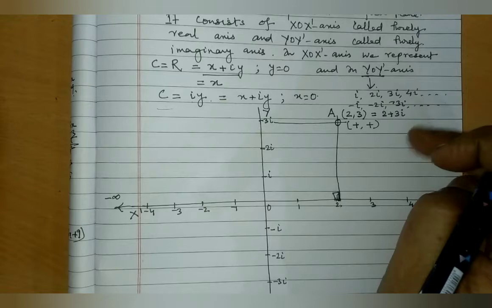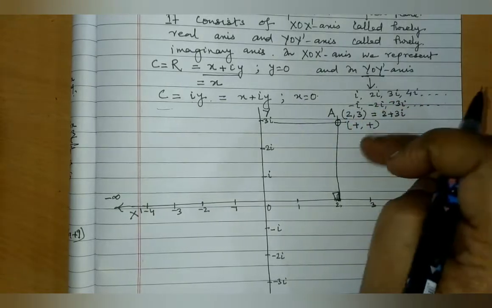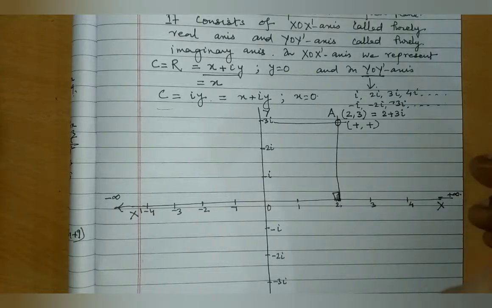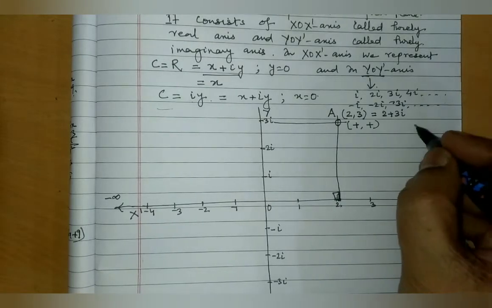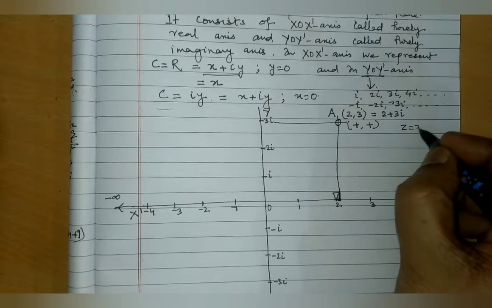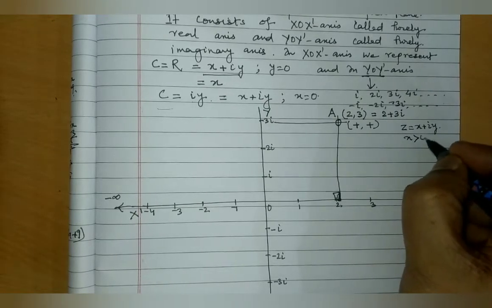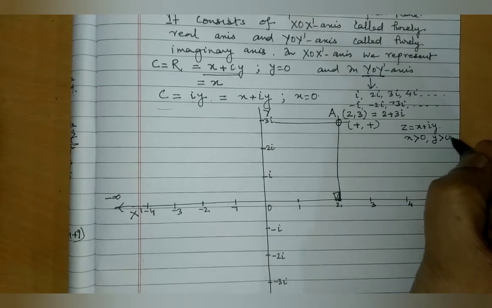So here in the first quadrant, real part as well as imaginary part will be positive. Means x is positive. Suppose z is equal to x plus iy, then x is also greater than 0 and y is also greater than 0.